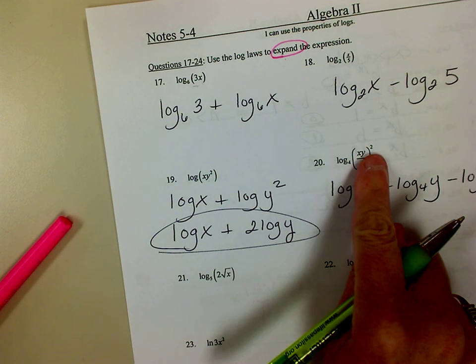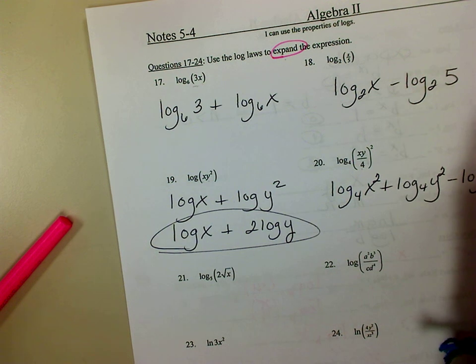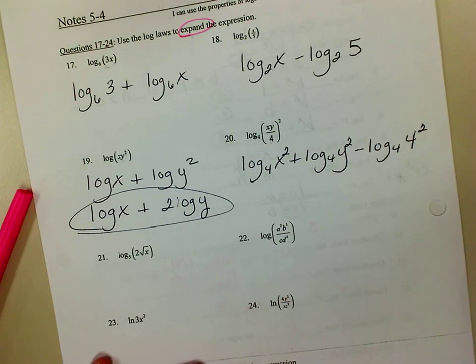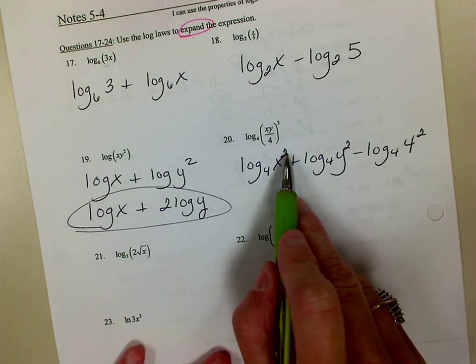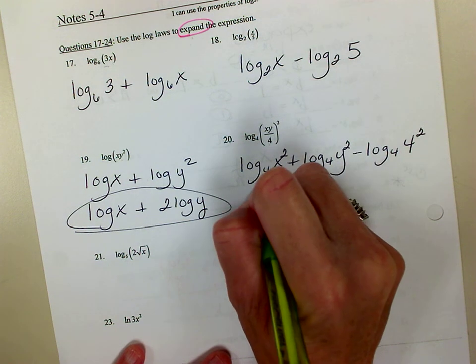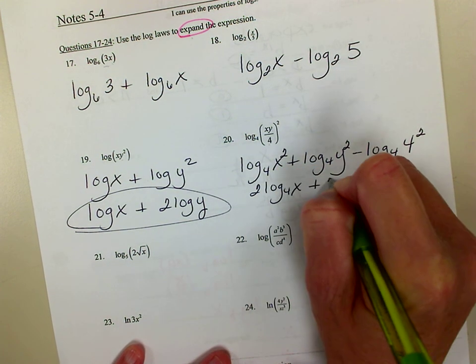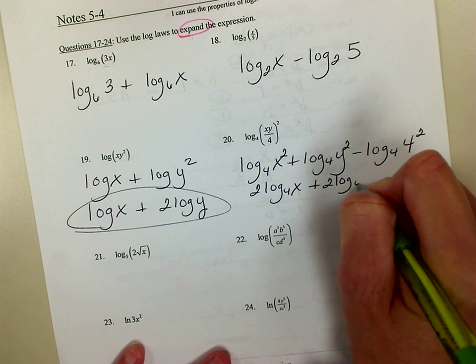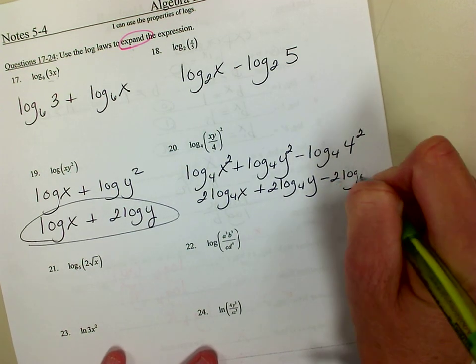Now this 2, they also all have an exponent, so I have to go through and give them all an exponent. Okay, now I want to get rid of the power. So what I'm going to do is I'm going to drop this 2 down in front of each of these. So 2 log 4 x plus 2 log 4 y minus 2 log 4.